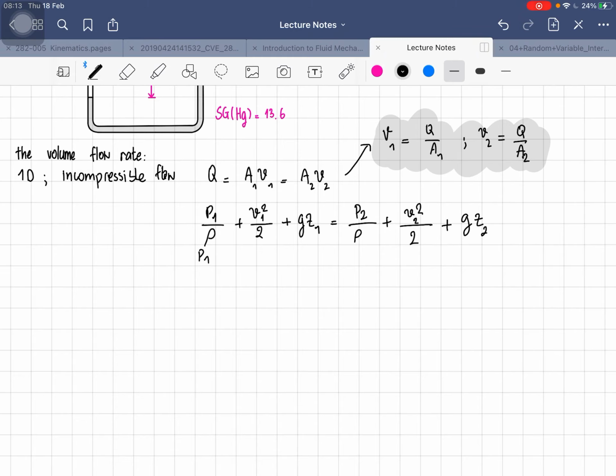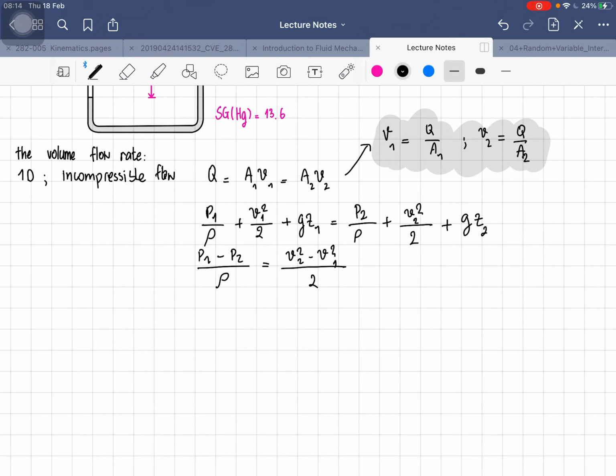Now we have P1 minus P2 over density, equal to v2 squared minus v1 squared over 2. Since the z terms are the same, we just cancel them out.